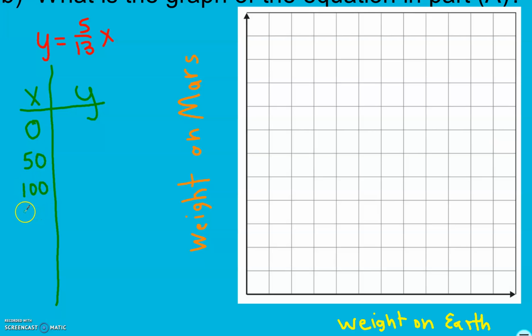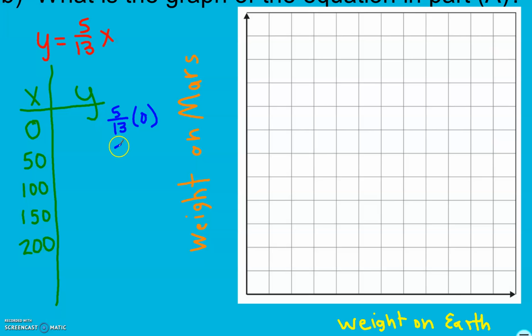Because some of that equipment and the people and things like that are a lot heavier than 2 pounds on Earth or 10 pounds on Earth when you think about those big rovers and things like that. So this will give us kind of an idea there. Now that I have my x values, my inputs, I plug them into my function.